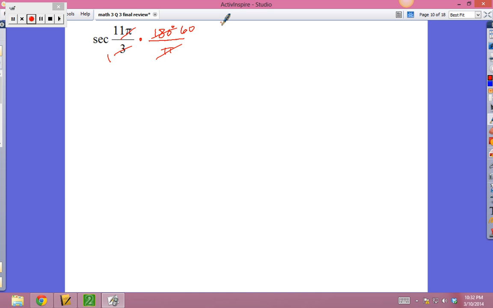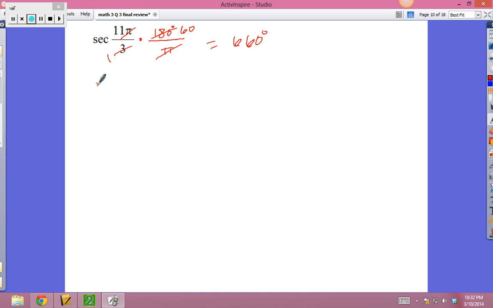So now I'm just going to times the top, so I'm going to have 60 times 11. So 60 times 11 is going to be 660 degrees. Okay, secant, the function they want, secant is the reciprocal of cosine.